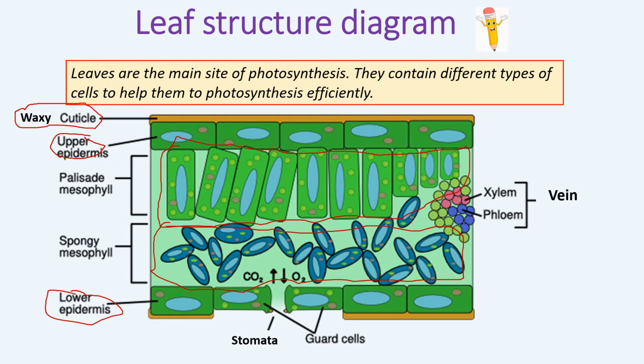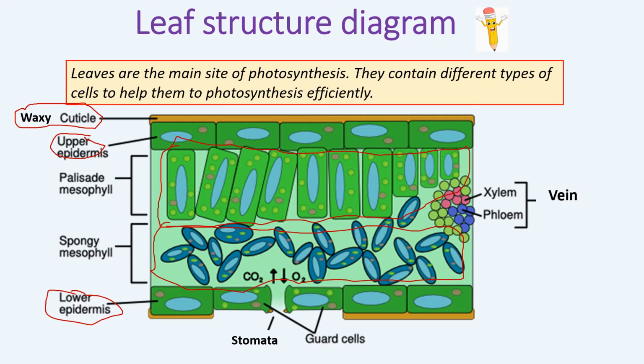You can remember it's spongy because if you imagine a sponge with big holes in it, that's kind of what it looks like. So the spongy mesophyll layer has rounded cells and contains many air spaces, so it allows gases to circulate. And it is the second region of photosynthesis because they contain chloroplasts.